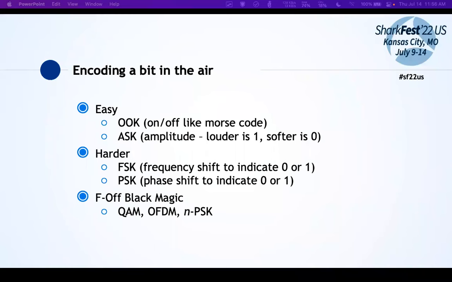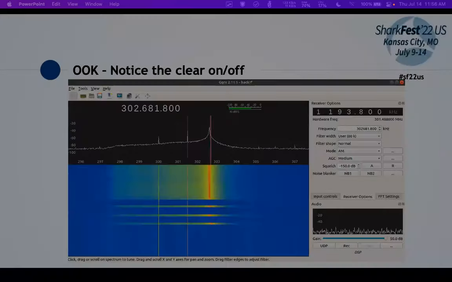More difficult, there's frequency shifting, where a 0 is on 400 megahertz and a 1 is on 400.1 megahertz, and it just toggles back and forth between which frequency it's transmitting on. There's phase shift keying, where it alters the phase of the sine wave of the signal. And then there's the black magic, good luck if you don't have a PhD in signals, used for things like Wi-Fi and cable modems, like QAM, OFDM, etc.